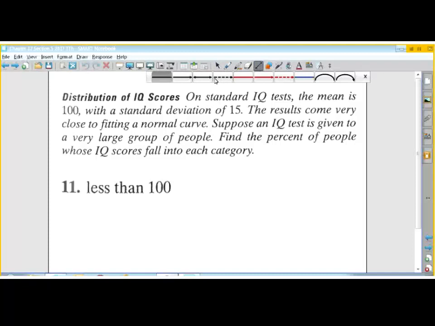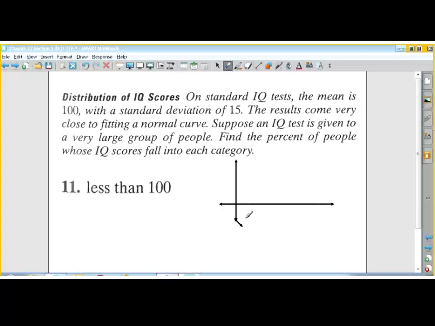This one, we almost don't even need to show the curve because they're just asking for the percentage of people whose IQ scores fall less than 100, with the mean being 100, and the curve being symmetric.